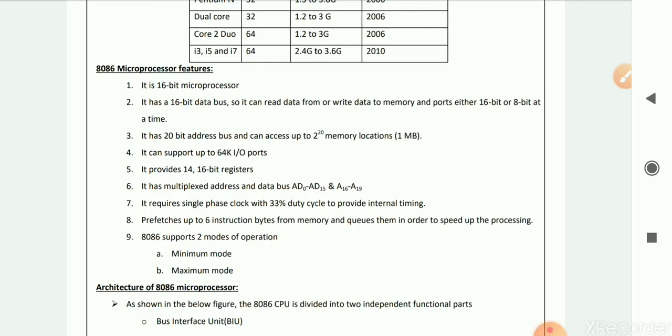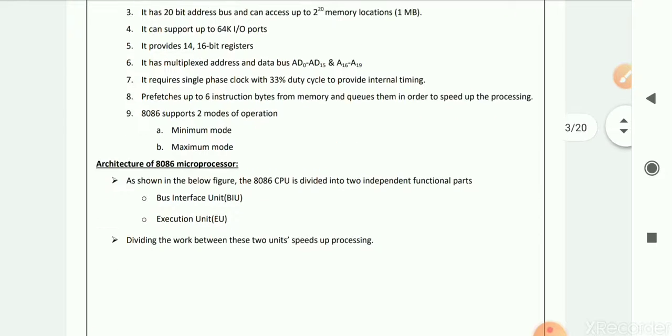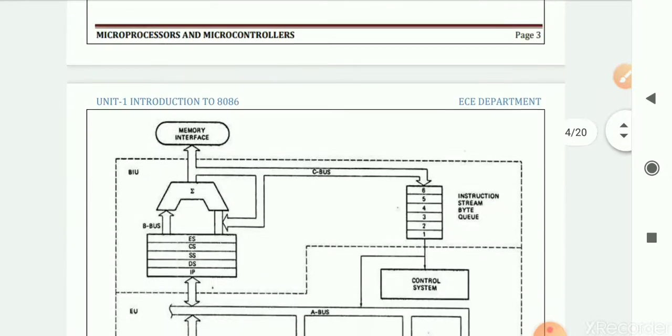So we will come to that later. Now coming to the architecture of the 8086 microprocessor, basically it has two main parts, that is the BI unit, the bus interface unit, and the execution unit. The execution unit always receives instructions from the bus interface unit, and the bus interface unit basically contains the queue architecture or pipelining architecture.